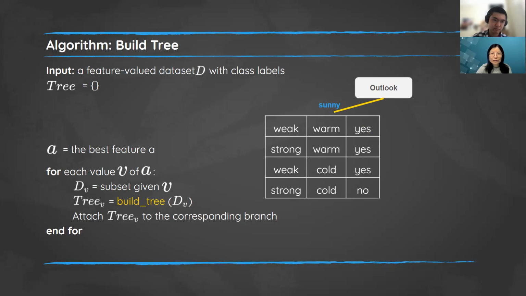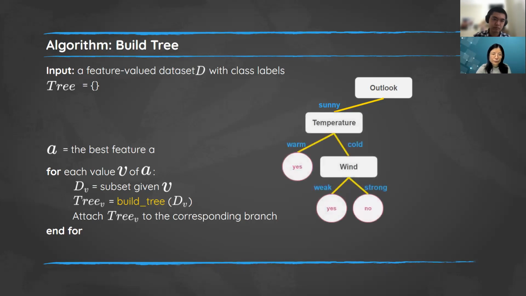So we start with the feature Outlook, and then the branch will be Sunny. Based on this branch, we build a sub branch called temperature, and then we choose the feature inside that branch, temperature, and break it into warm and cold, two branches.